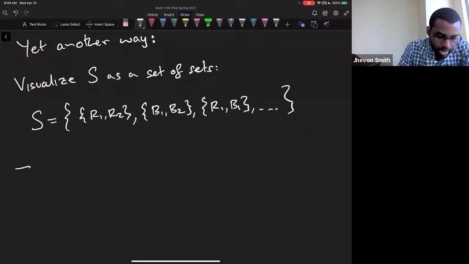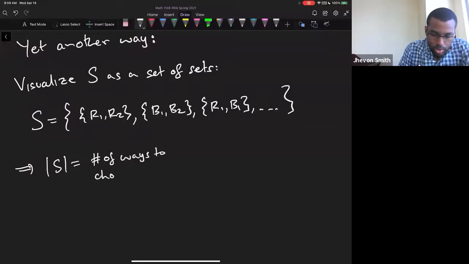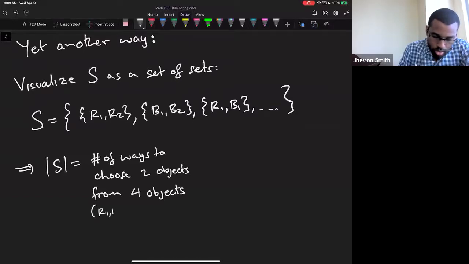So the size of S is going to be the number of ways to choose 2 objects from 4 objects, namely red 1, red 2, black 1, or black 2. So that's 4 choose 2.